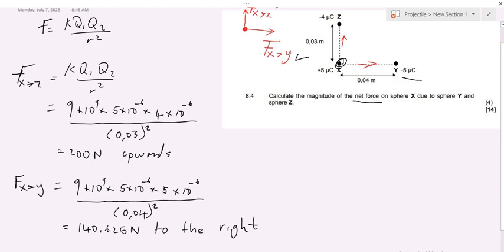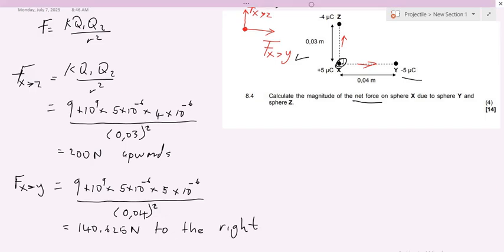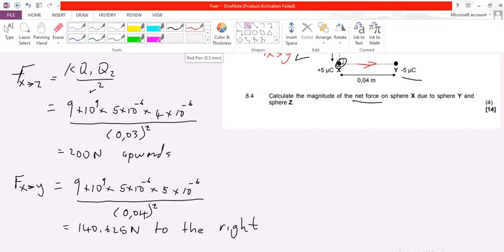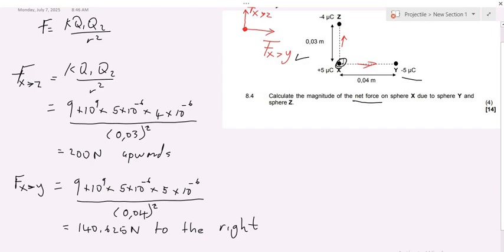How can we add these two forces? We cannot just add these two forces. It is wrong. Ladies and gentlemen, you cannot do this. You cannot just say 200 newtons plus 140.625 newtons, so the total answer. This is wrong. Do not do this. Why can't we add these forces?